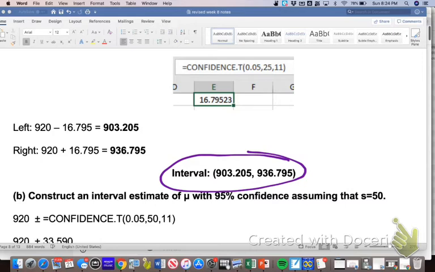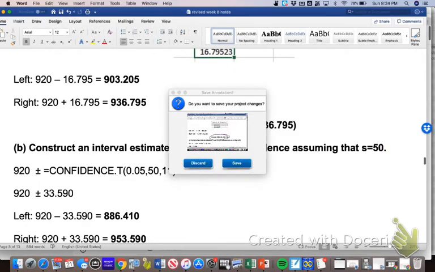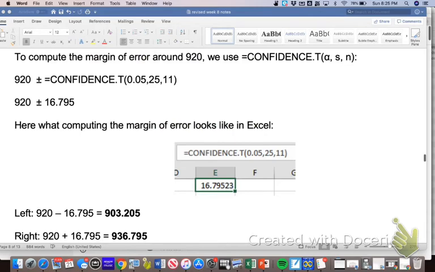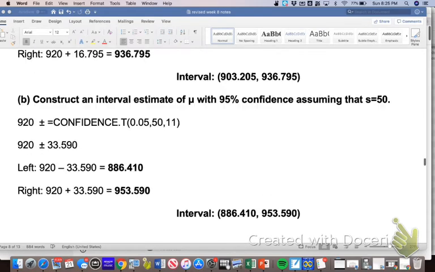For part B, it's exactly the same steps, except obviously you're going to use a different level of uncertainty, because in the previous example, I'm sorry, it's not the level of uncertainty that's different, because it's still a 5% level of uncertainty, along with the 50 is our standard deviation that we got there, and then 11 once again was our n value.